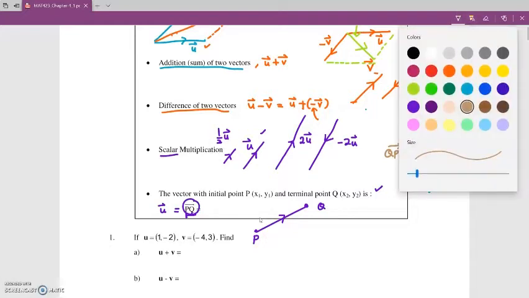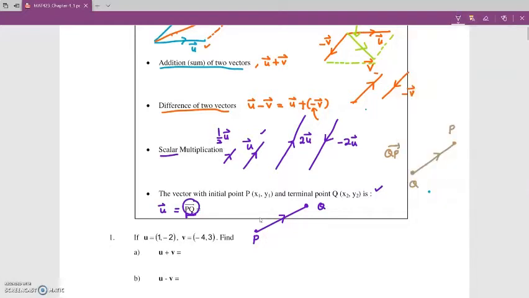We go back to vector PQ. To find vector PQ, you have to take point Q minus point P, that is, OQ minus OP, where O means the position vector.